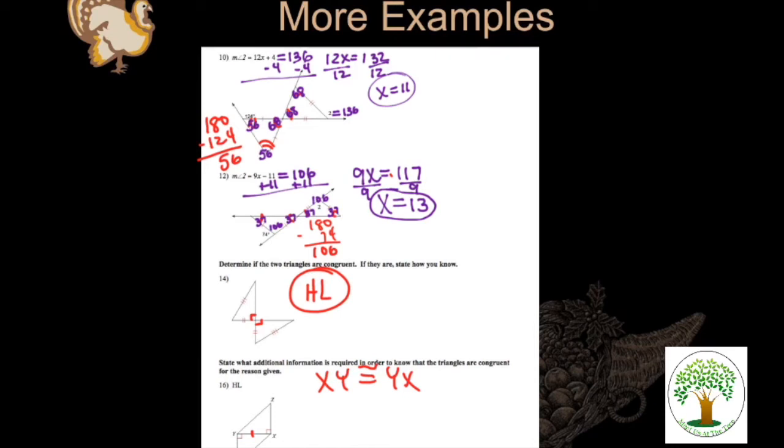The hypotenuse is the one opposite the right angle. So we need ZY to be congruent to JX. This is a J right there, and you can see that on your assignment. So, all right.